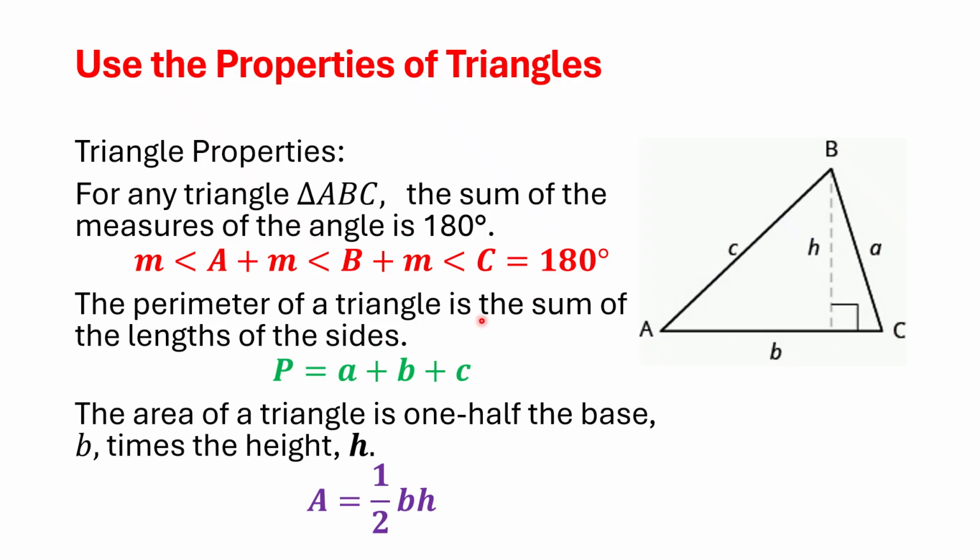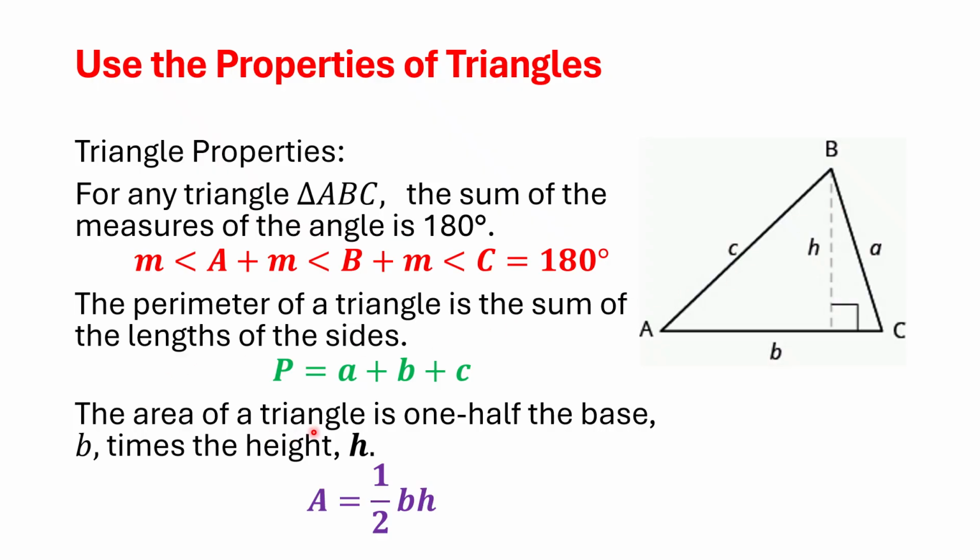And the perimeter of a triangle is the sum of the lengths of the sides. So these are the sides. We have the side A, side B, side C. So when you sum up all the sides, we get the perimeter of a triangle.